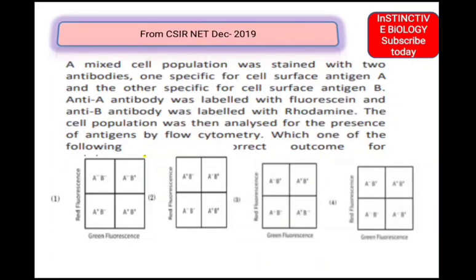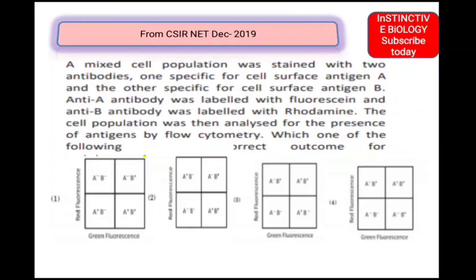They have given us 4 options and we have to find out the correct outcome of the experiment. Now as we have discussed, fluorescein is a dye which emits green color fluorescence and rhodamine is a dye which emits deep red color fluorescence. This information will help us in solving the question.